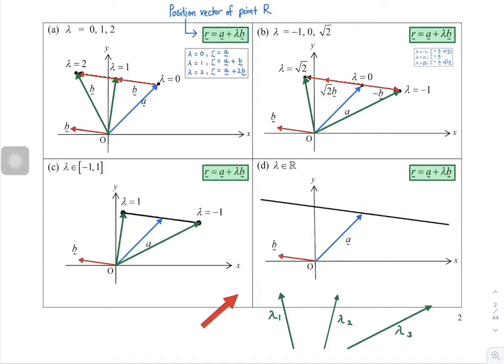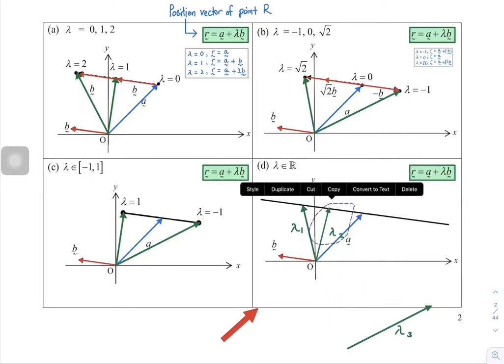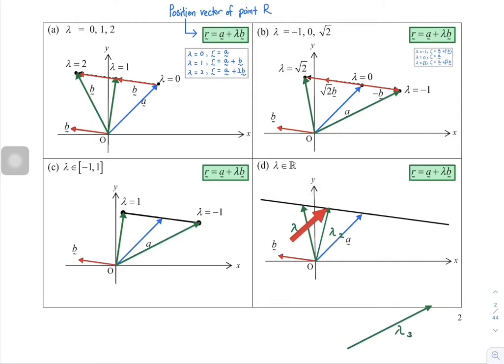So for instance, when lambda is equal to lambda 1, this particular point has position vector a plus lambda 1 b. When the value of lambda is equal to lambda 2, as in this instance, this particular point has position vector a plus lambda 2 b.